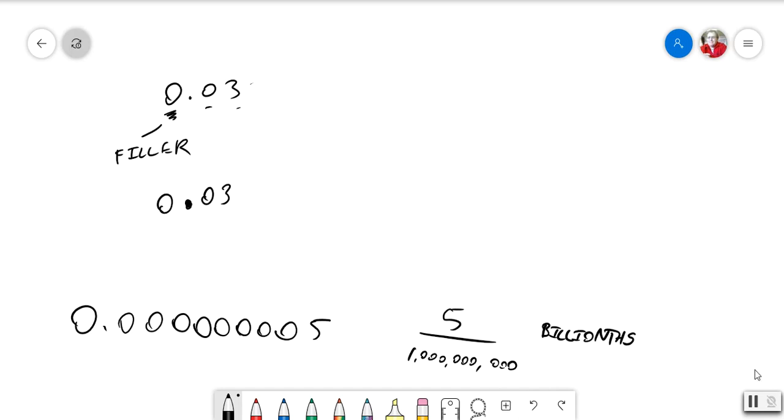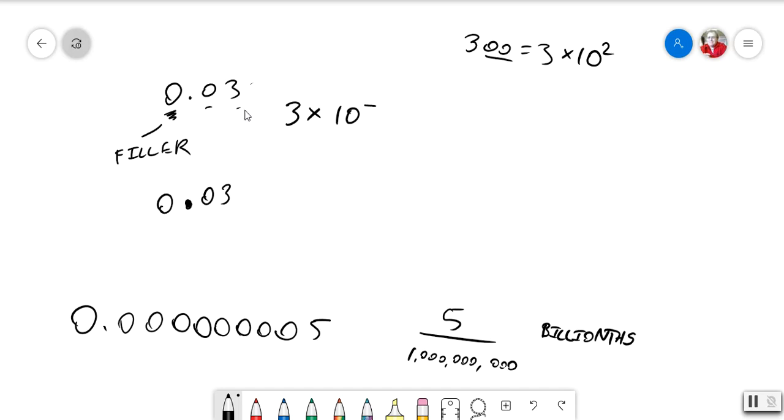So essentially, if you had 300, you'd say that's 3 times 10 to the 2, for 2 zeros. This is a little bit different. 3 times 10 to the negative. The exponent on 10 will always be negative when you have a decimal.